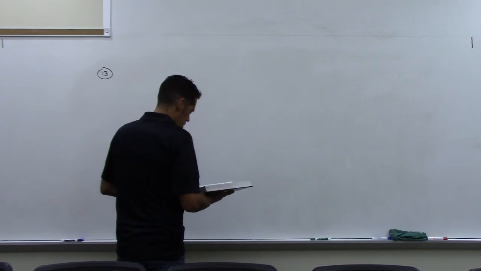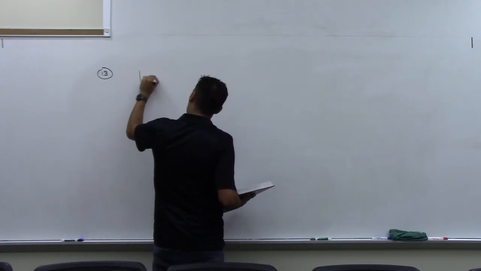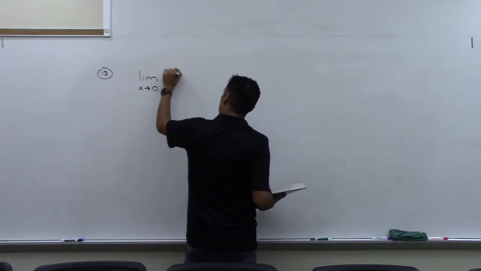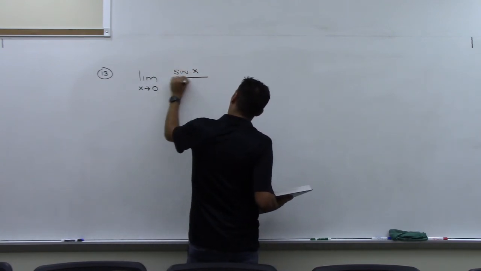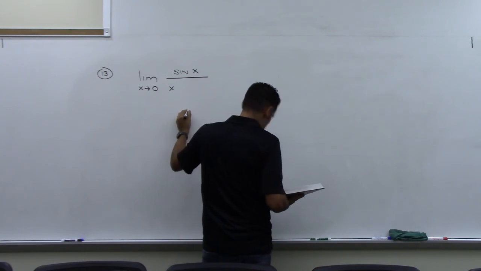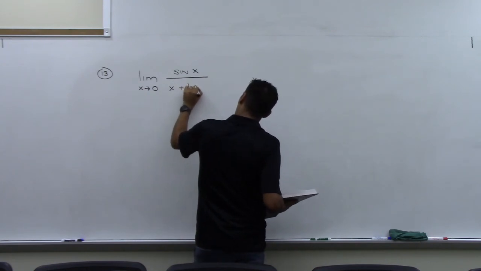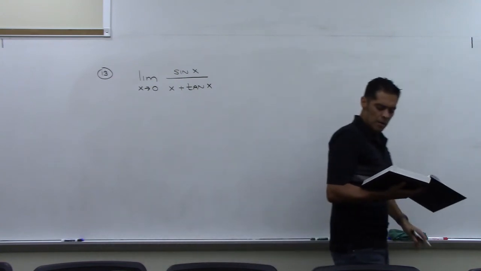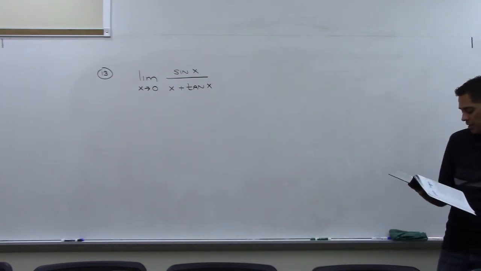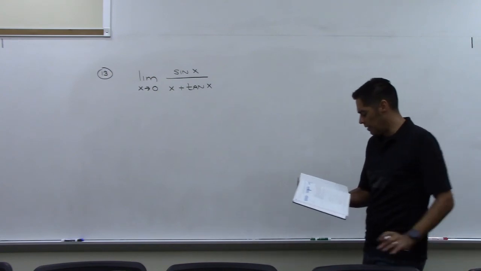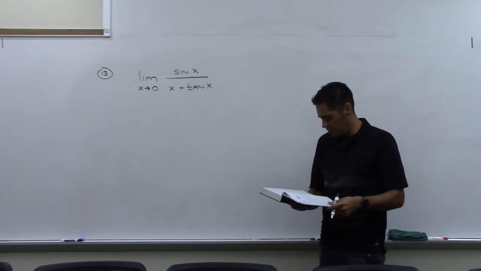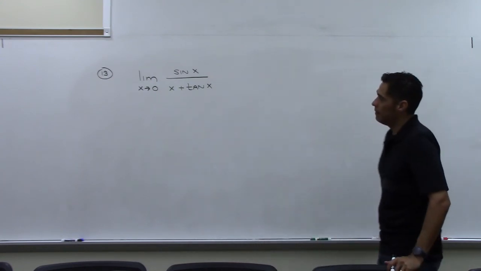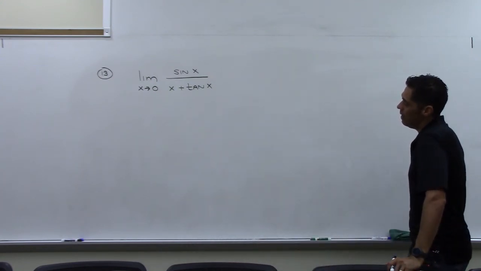They give you the limit as x approaches 0 of sine x over x plus tangent x. Guess the value of the limit, if it exists, by evaluating the function at the given numbers correct to 6 decimal places. Ooh, okay. What in the world are they talking about?